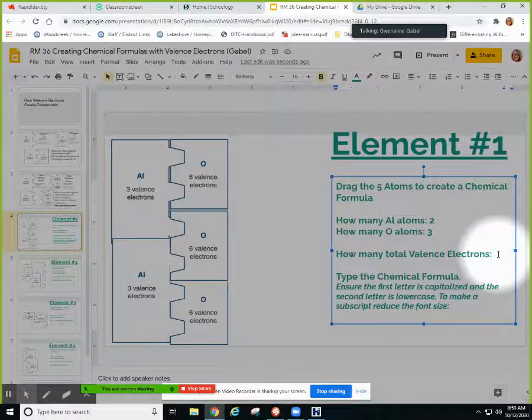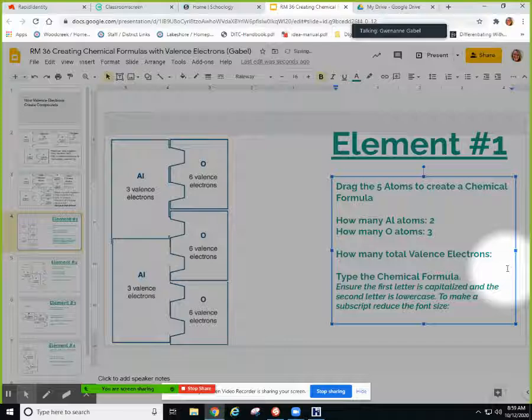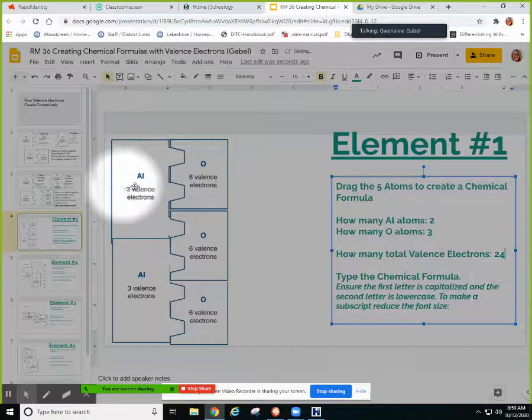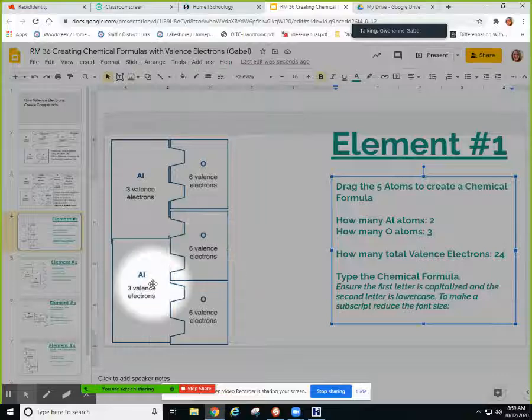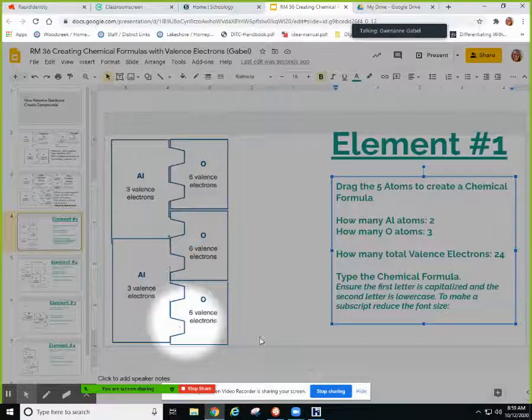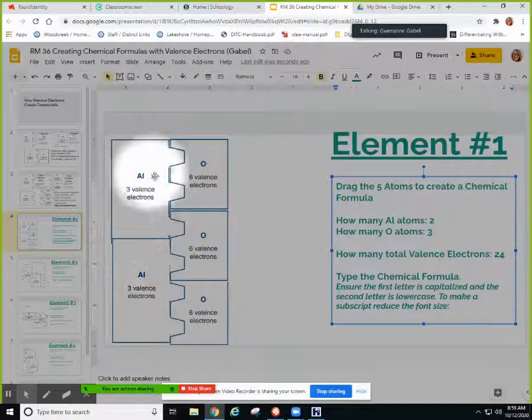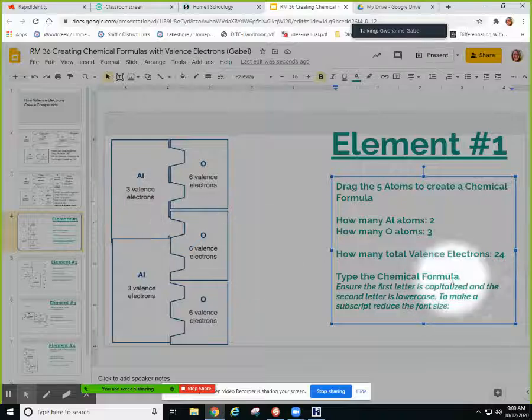So we have 24 valence electrons total. So aluminum gives 2 here, 1 here. This aluminum gives 1 here and 2 there. Okay? So if we have 6 aluminum total, each oxygen is getting 2 valence from aluminum.